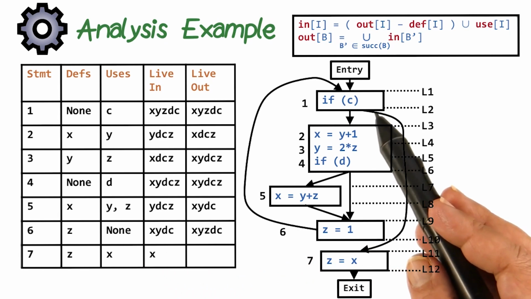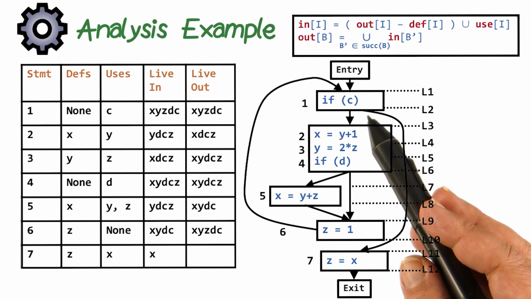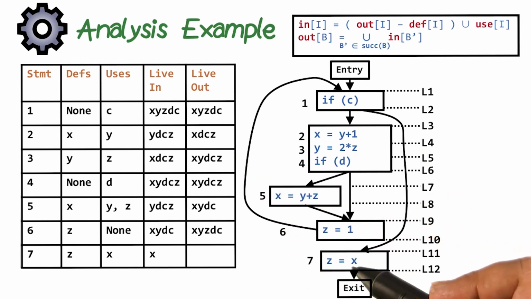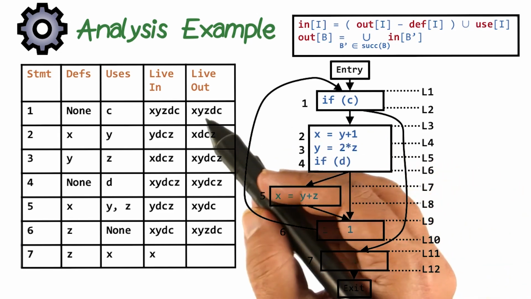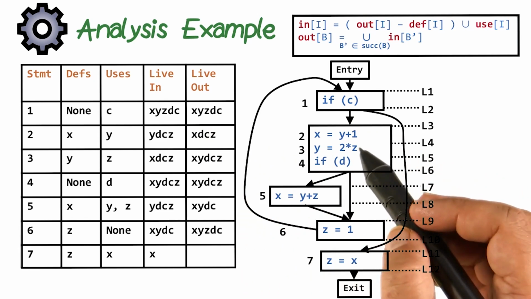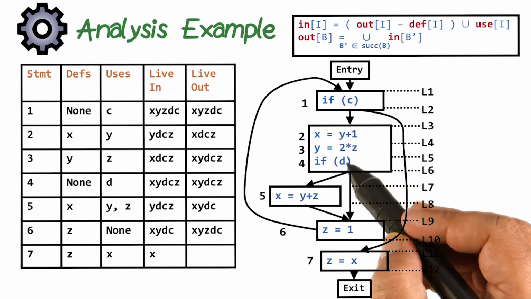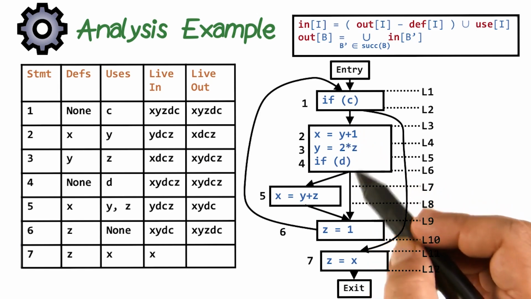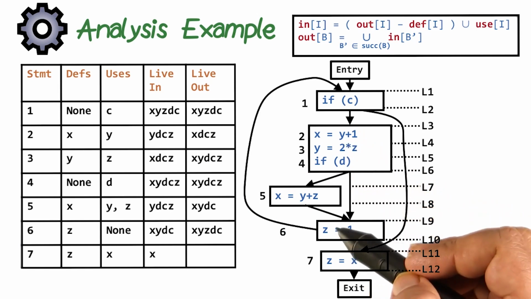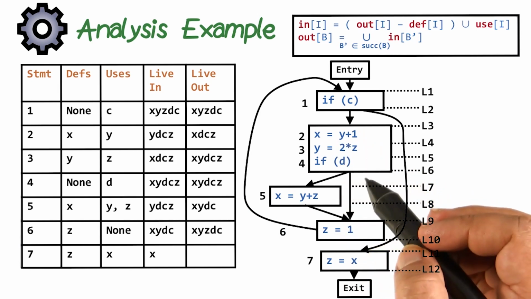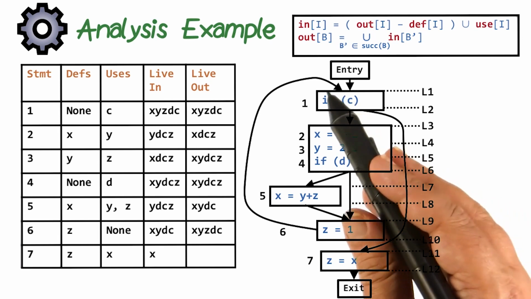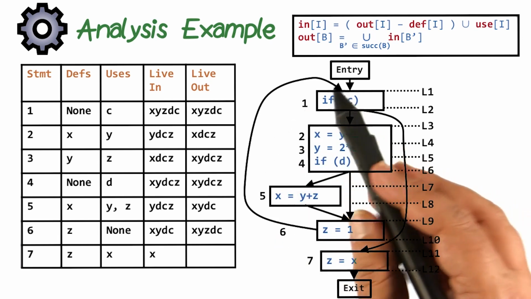Next, let's go to the live variable set which is the out of 1. So live out of 1, you can see that x remains live here, and if you look at the live variable set from this side, it will be y, z, d will be another one, and further down it will be c because c is being used here.